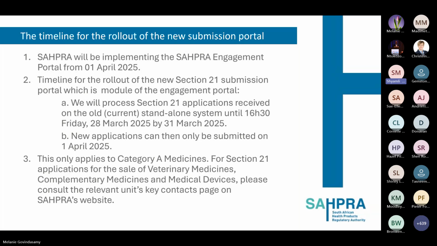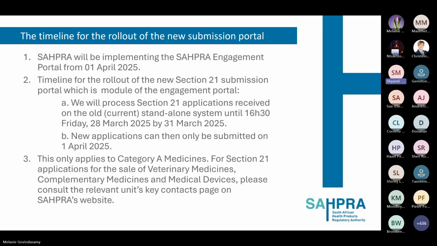The Section 21 module of the SAHPRA Engagement Portal will go live on the 1st of April. In terms of this, we have timelines for the rollout of the new portal. We will process Section 21 applications that are received on the current standalone system until 4:30 today.